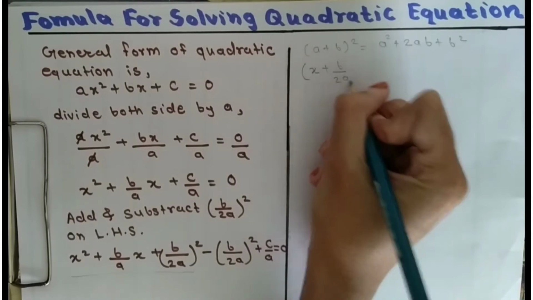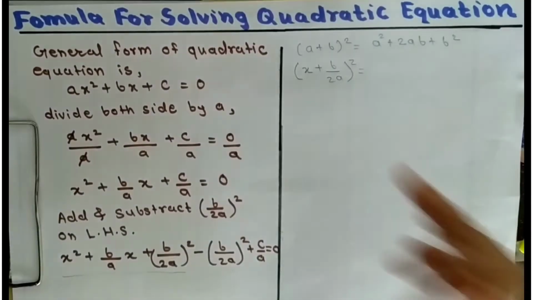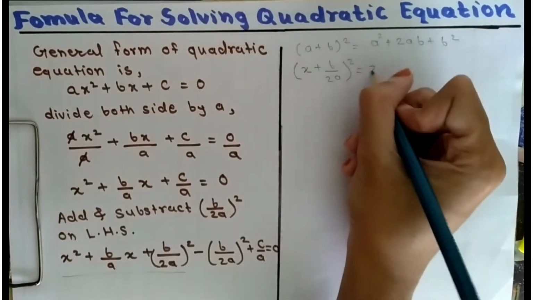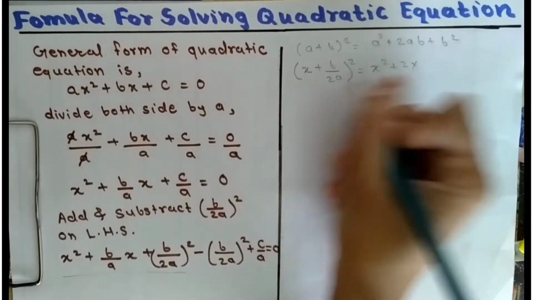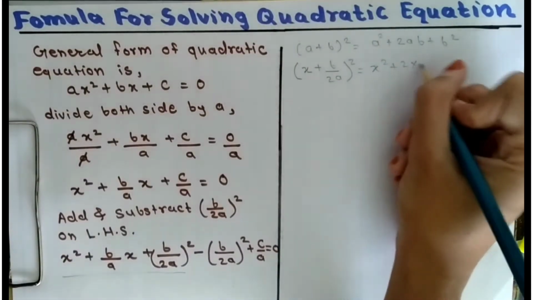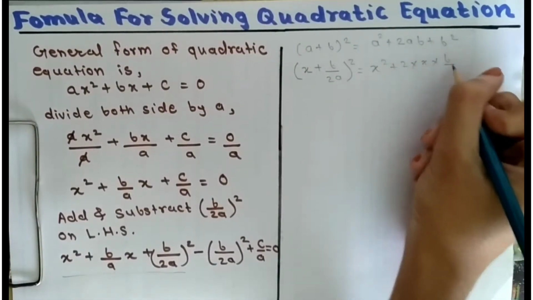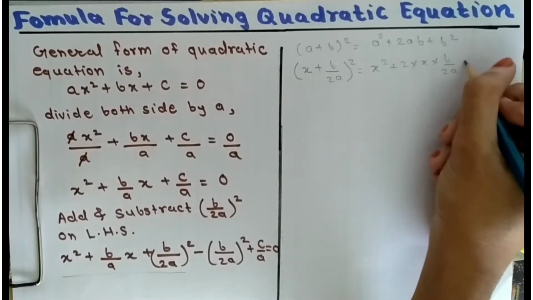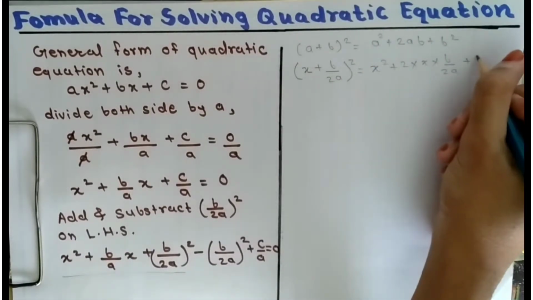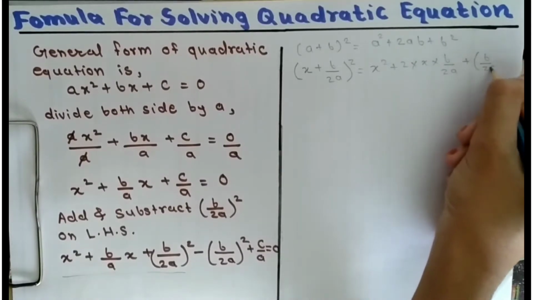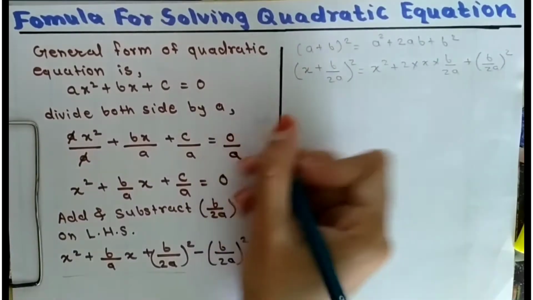First a square, then x square plus 2 multiplied by ab, meaning x multiplied by b upon 2a, plus b square, so b upon 2a bracket square.